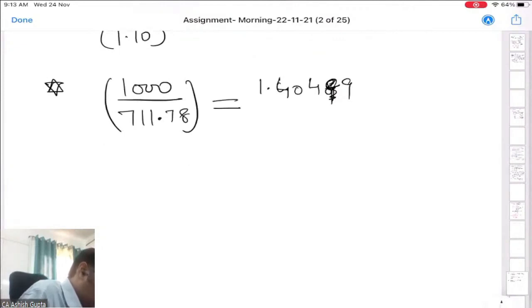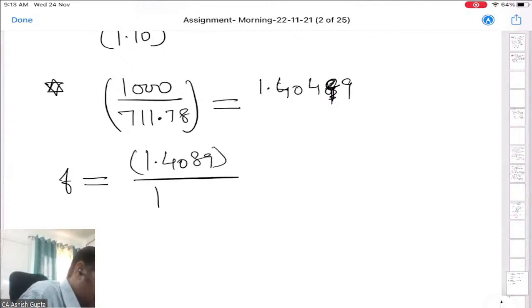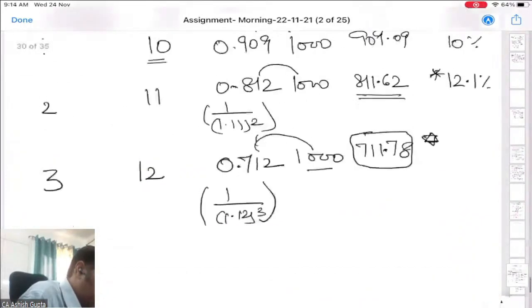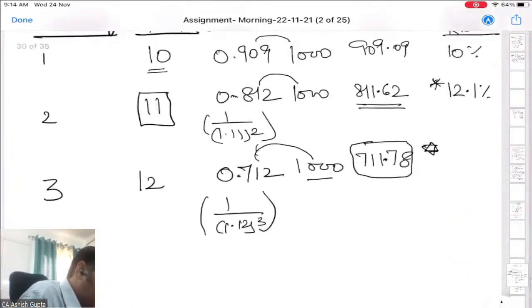Okay. Now let us see the forward rate. Now here we will use this 11%.